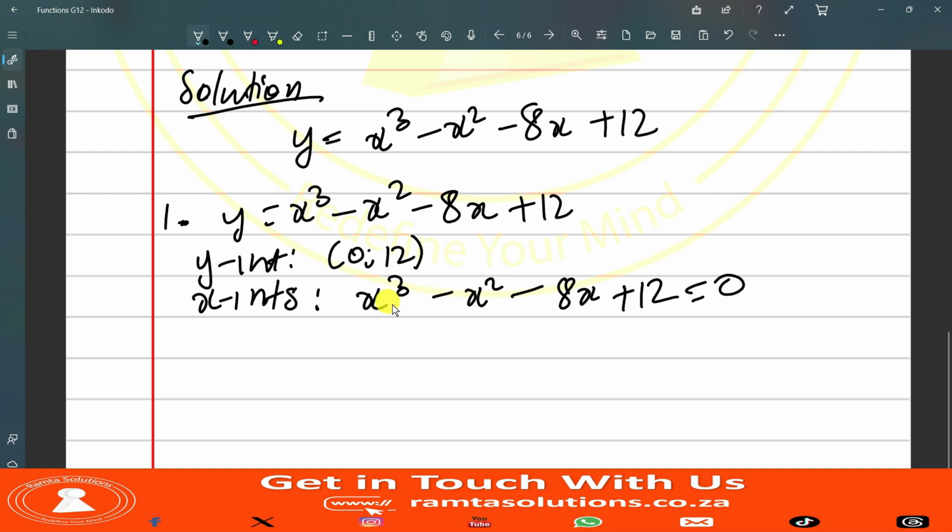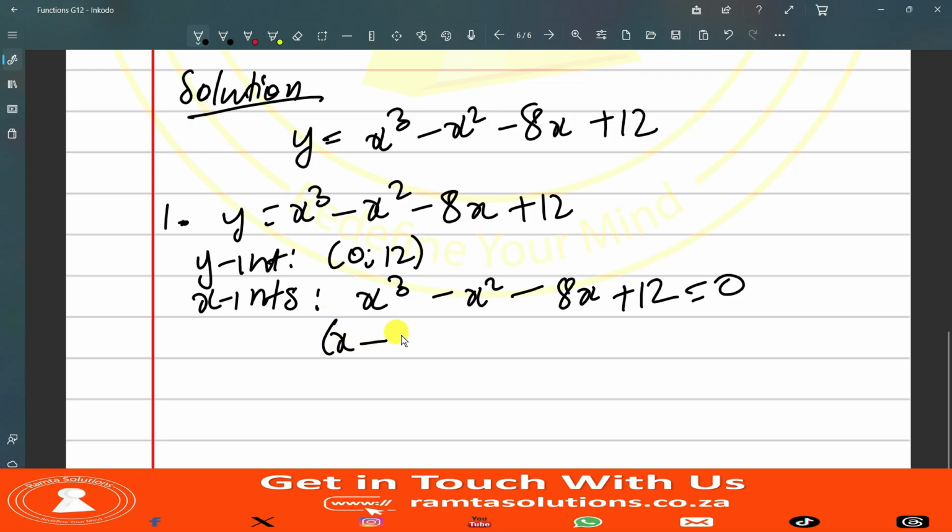So we need the value of x that will make this equation equal to 0. x equals 1 or minus 1 won't work. x equals 2, I think it'll work. Let me try. 2 to the 3 is 8, minus 4, minus 16, plus 12 gives 0. Okay, x equals 2 works. So we'll use x equals 2.